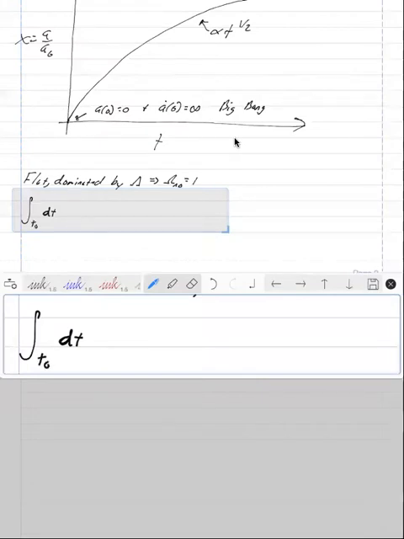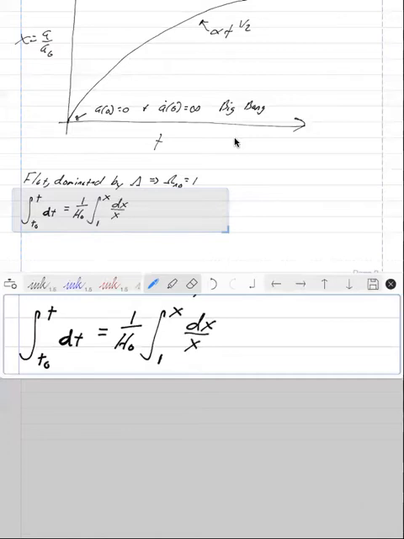So I'm going to start at some reference time t0 and go to some other time t. The right-hand side is 1 over h naught, and this time we're going to integrate from, let's say t0 is today, so x is equal to 1 today, to some future value of x. The integral this time is dx over x.